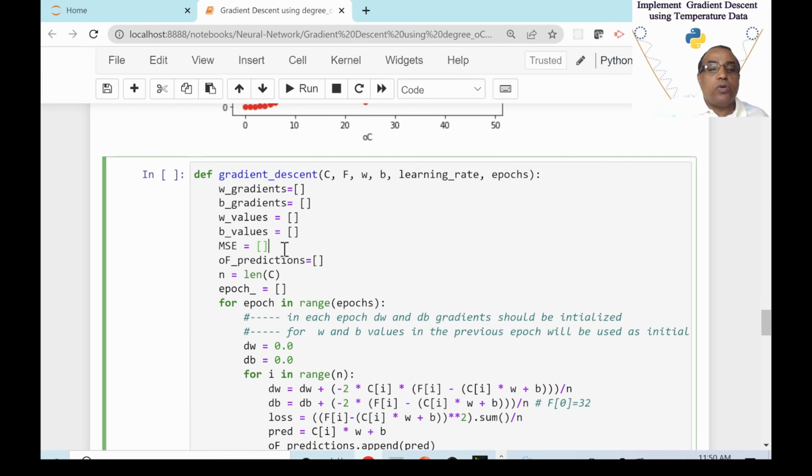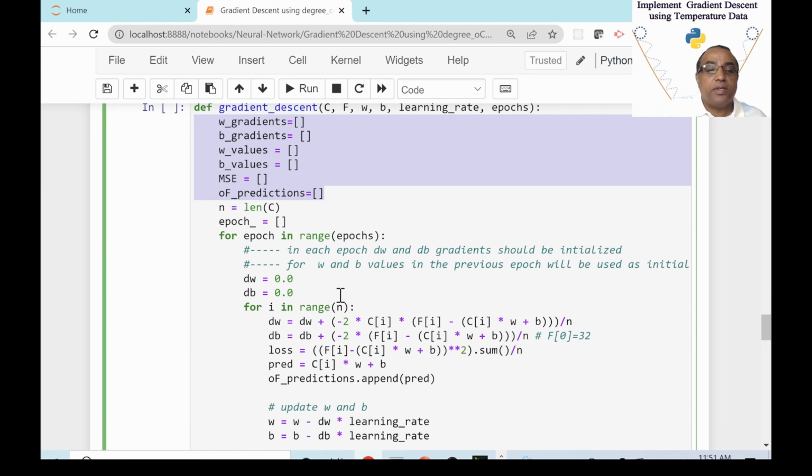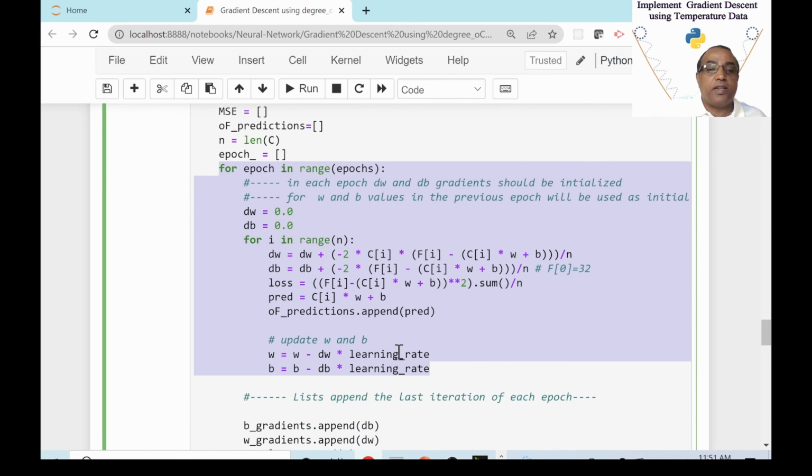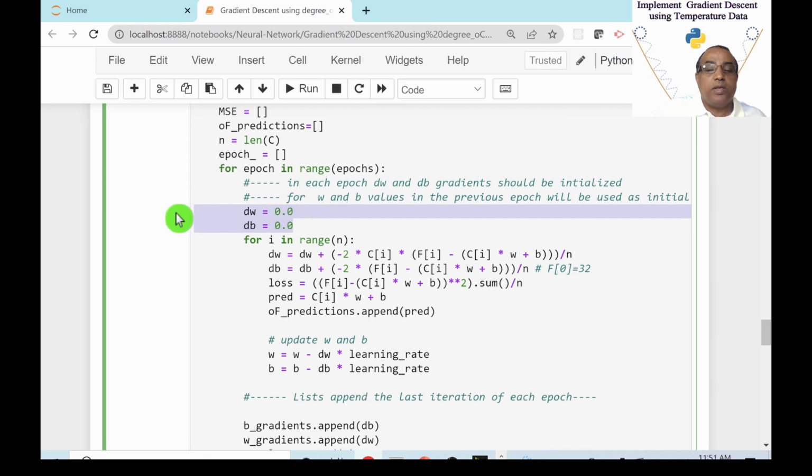Okay, so I created some lists to plot graphs. Otherwise these are the two loops that we saw in the previous cell. Inside the outer loop we have the gradients. The gradients should be reset to 0 in every epoch.